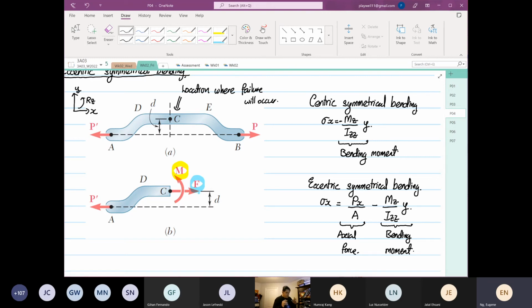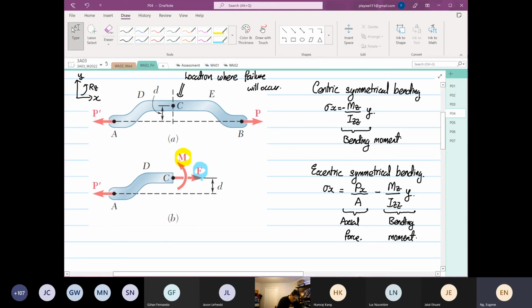A lot of times, but before I tell you that, first the moment. How do we calculate the moment? So Mz is equal to the load P prime multiplied by d.